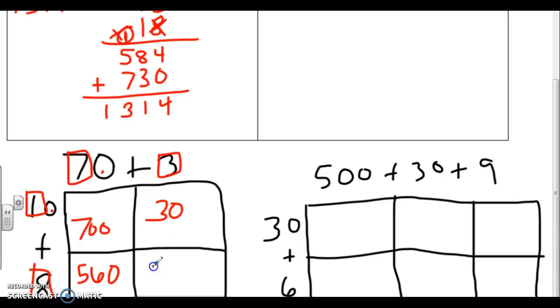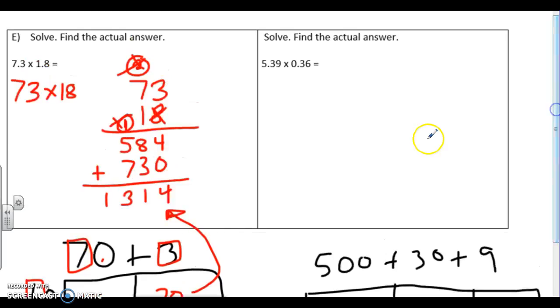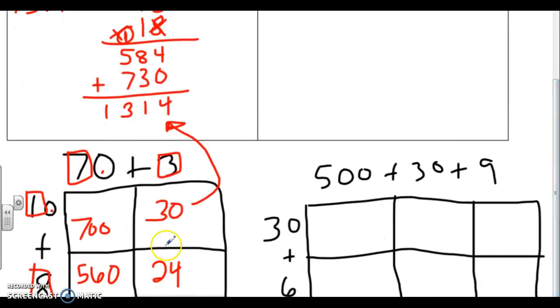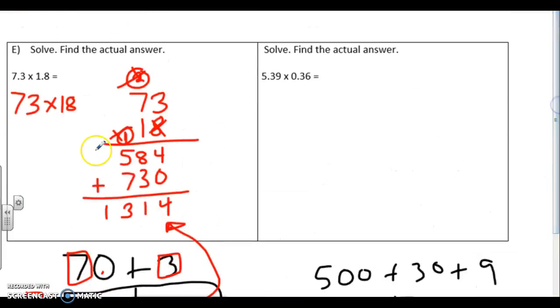And then 8 times 3 is 24. I highly recommend you don't add all 4 together, that you chunk them. But when you did add them together, you should have also ended up with 1314 as your digits. So if you didn't, is it a multiplication error or was it an addition error that got you the wrong digits?